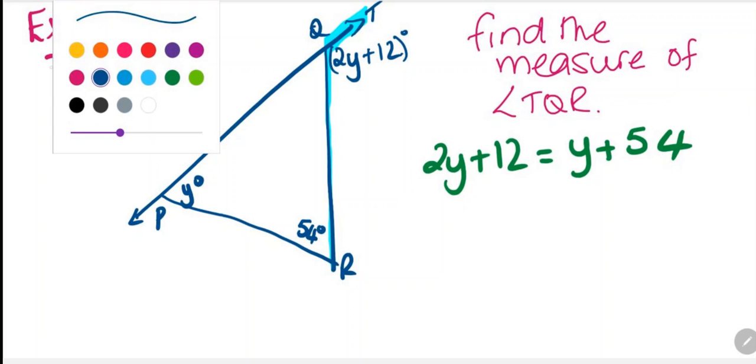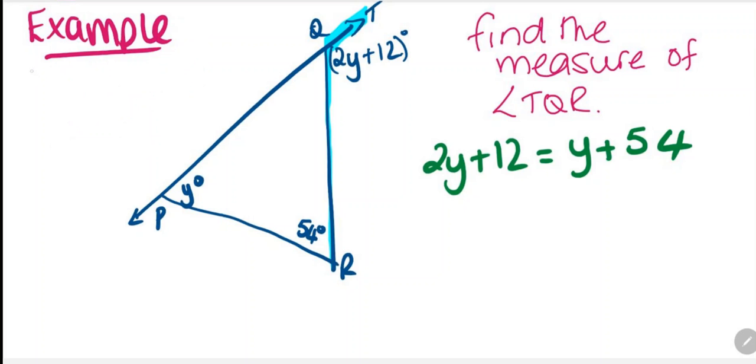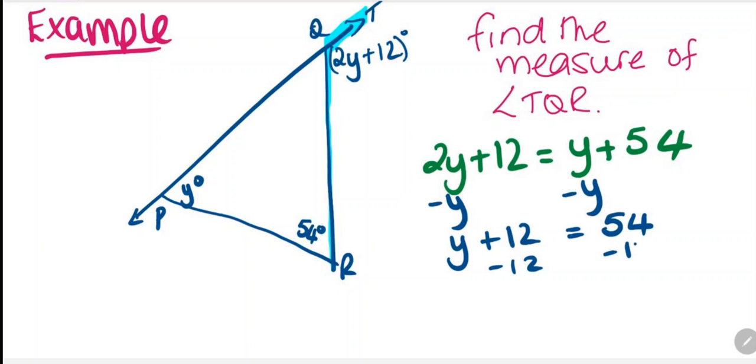So I'm going to minus y from both sides. So I will have y plus 12 is 54. And I'm going to minus 12 from both sides. So I'll have y is equal to 42.